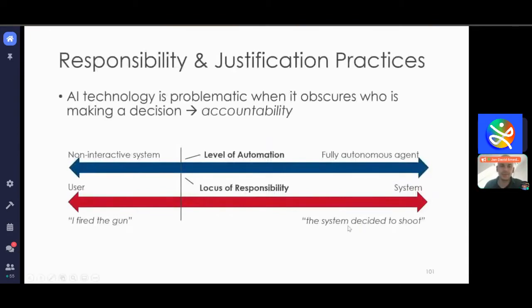In this whole context, I wanted to point out another interesting theory or thought. We just spoke about these levels of automation, and I'm yet to set up a study and prove this, but there are some interesting ideas being circulated. Think about the non-autonomous system versus the fully autonomous agent.